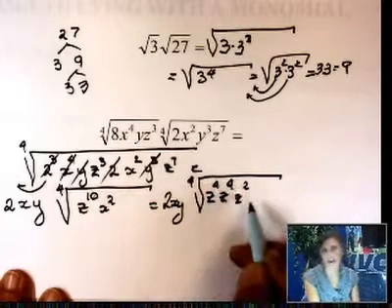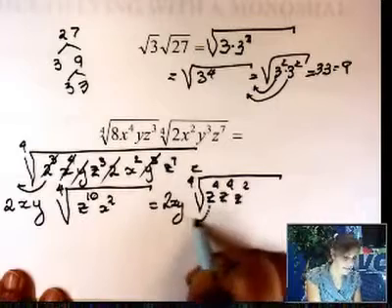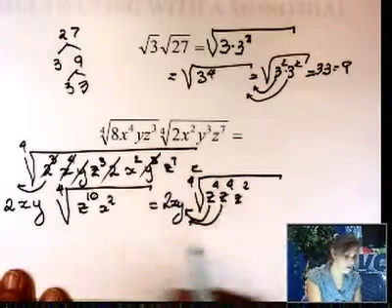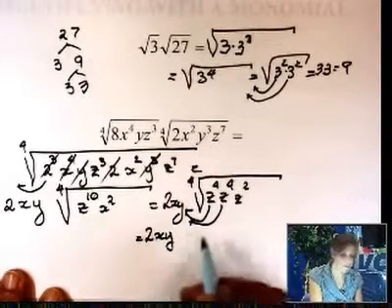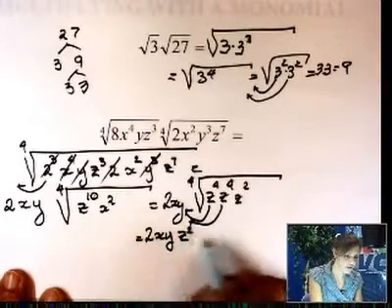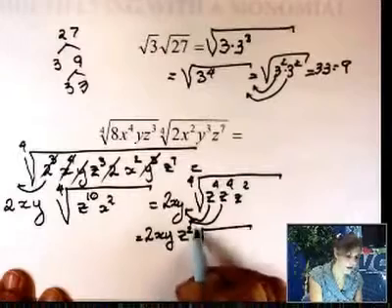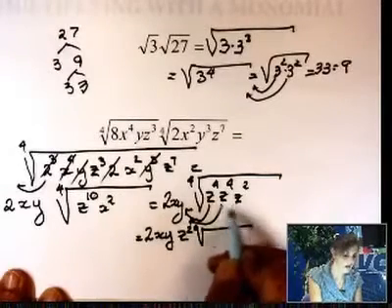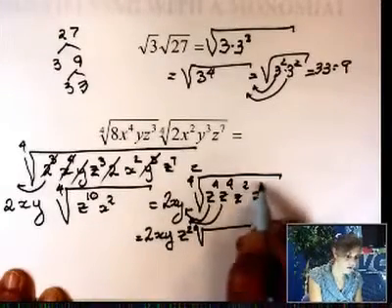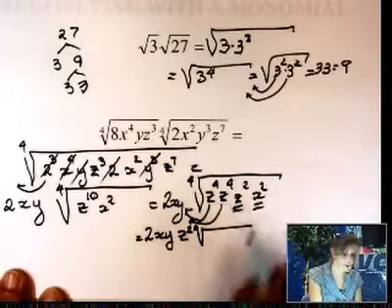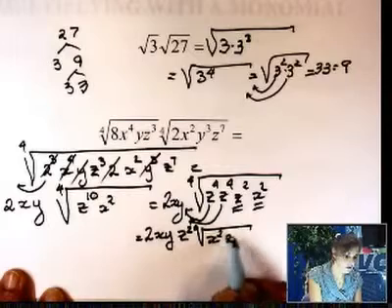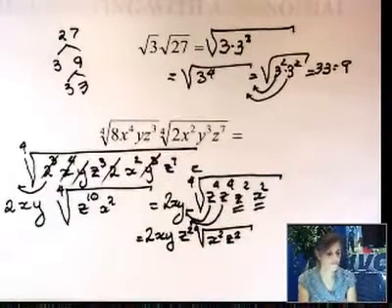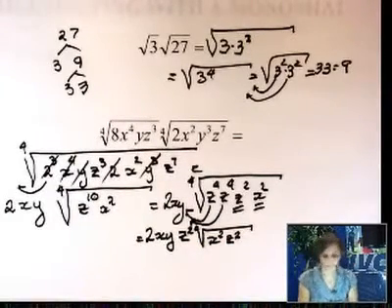Remember, 4 plus 4 is 8, plus 2, 10. So this comes out, this comes out. So what do you have? 2xy. And 2 z's came out, so that's z squared. What do you have left behind? 4th root of, you have an x squared here as well. So this guy is left behind, and this guy is left behind. X squared, z squared. Does it make sense? Very good.